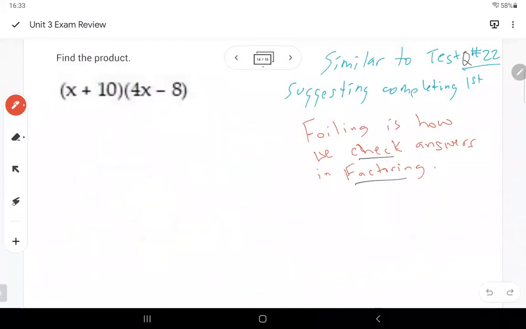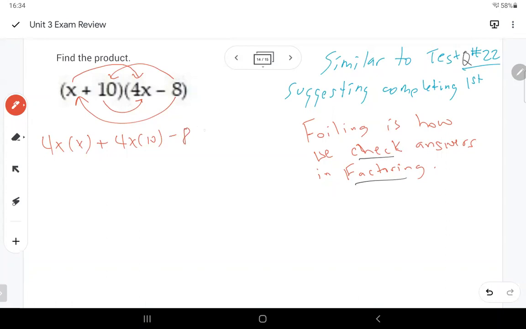Okay. Let's practice our foiling. So remember, you want to do first, outer, inner, and last. So that would be 4x times x plus 4x times 10 minus 8 times x plus 10 times negative 8.